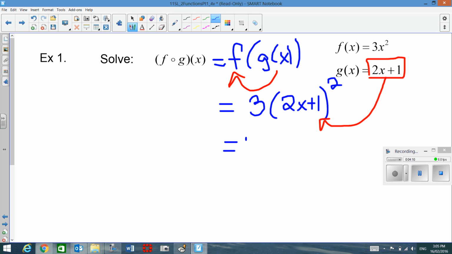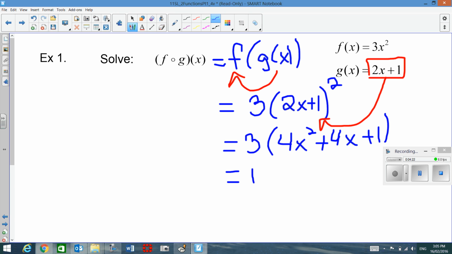So if I were going to simplify this, I'd have to expand the 2x plus 1. So I would wind up with 4x squared plus 4x plus 1. And then I can expand by distributing my 3. So I get 12x squared plus 12x plus 3.